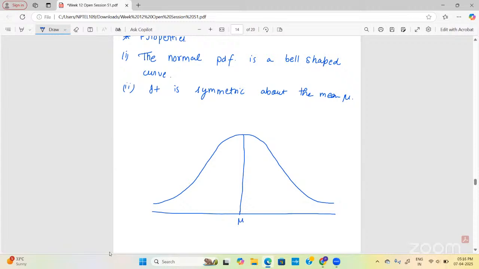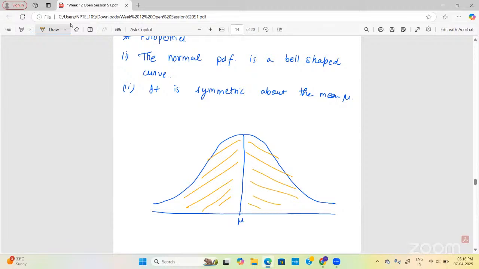So the first property is that it is a bell shape. You can see clearly that it is a bell-shaped curve. Symmetric about the mean means that this is the x equals mu line. Symmetric means we can say that this area will be equal to this area.